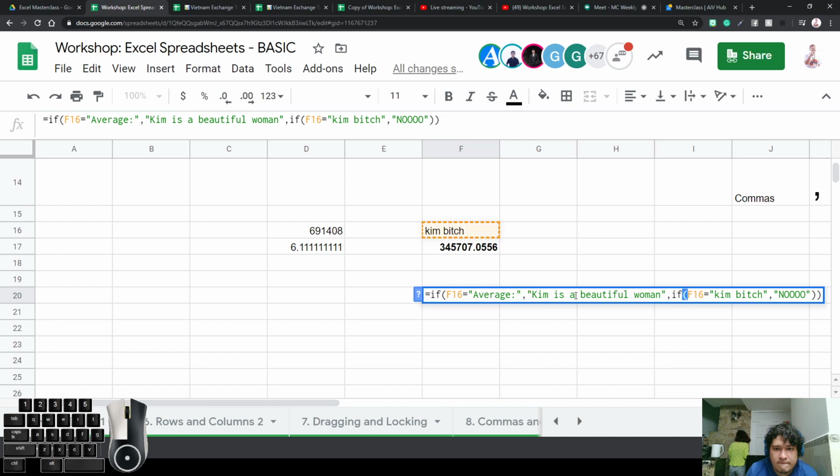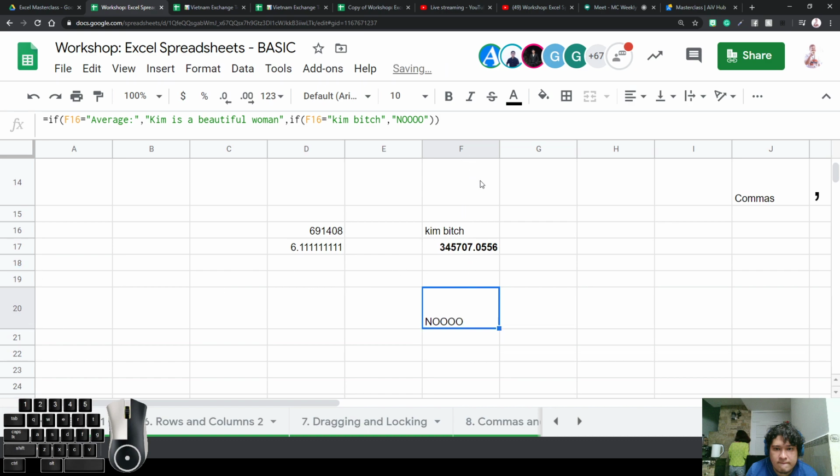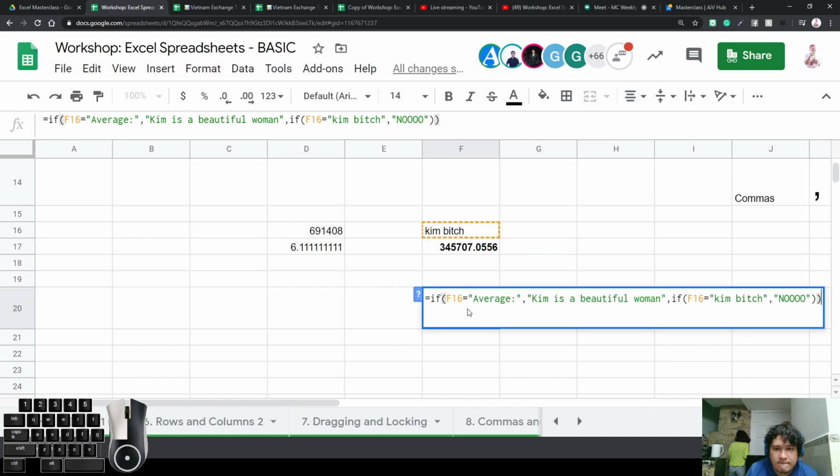And what's important is that you understand what this does. Basically, if this shows in this cell, that means I want this to show in the cell where I'm putting the formula. So I'm adding the formula in F20. I'm even going to make this cell very big, centralize it, make the font bigger. The formula I'm editing is in F20, so whatever formula I put here, the result is going to come in F20.